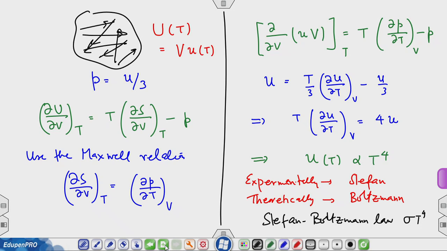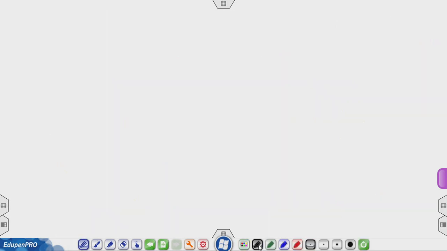Now, let us discuss further significance of Helmholtz free energy. So, we have done the Maxwell relations through whatever we obtained through the Helmholtz free energy. Now, we want to discuss its further significance.